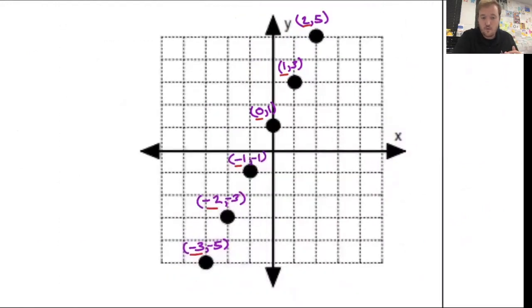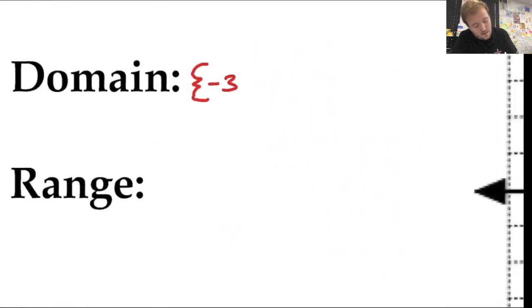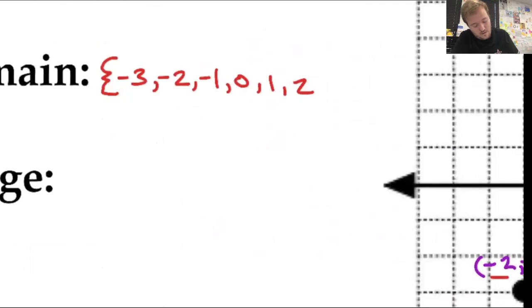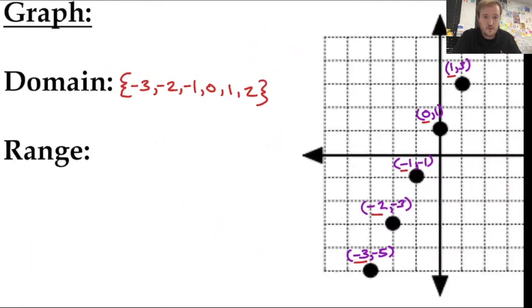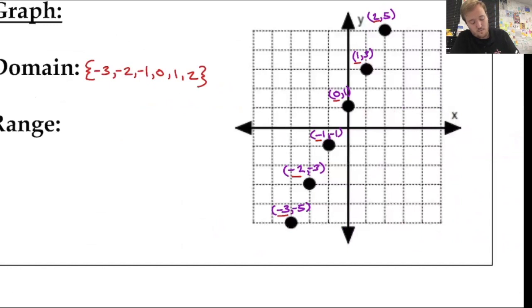They're already in order, just go from left to right. So -3 to 2. -3, -2, -1, 0, 1, 2. And close. Wow, that is terrible. There we go. I don't know why it's curving down, but everything's fine. All right, so now for the range.